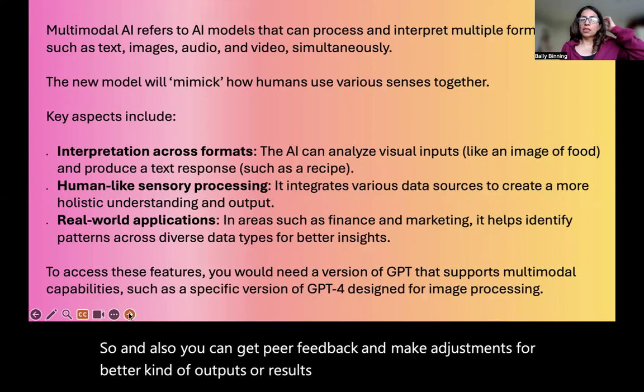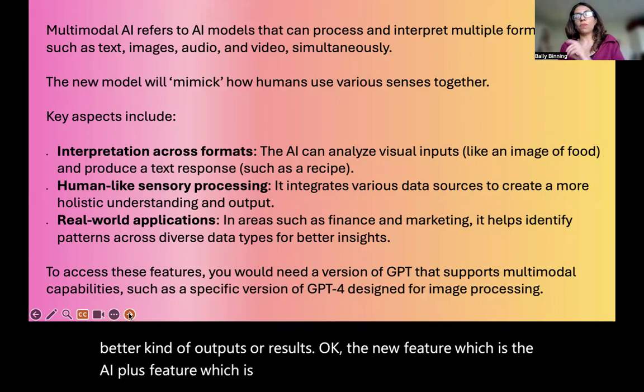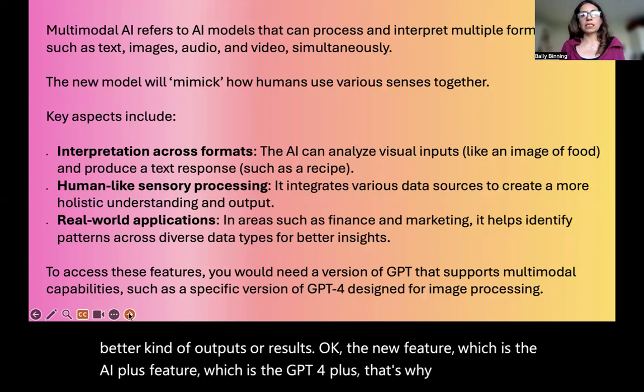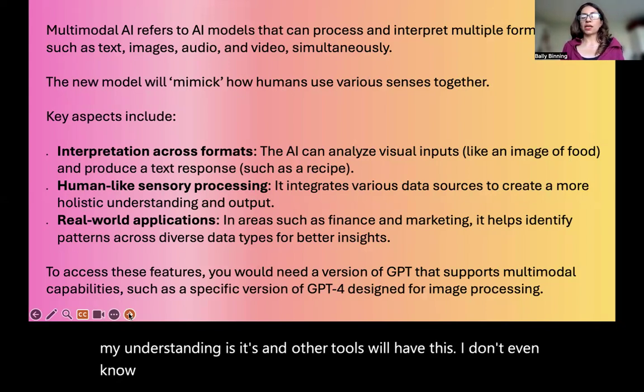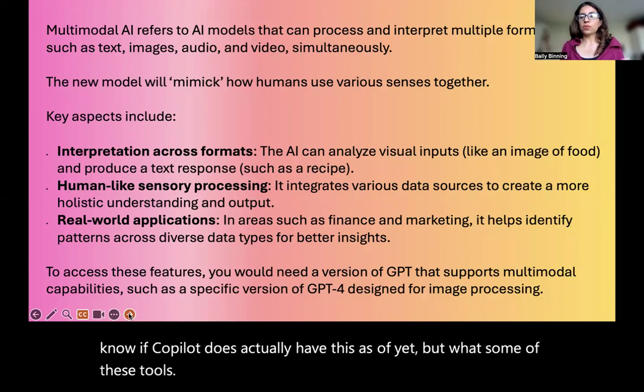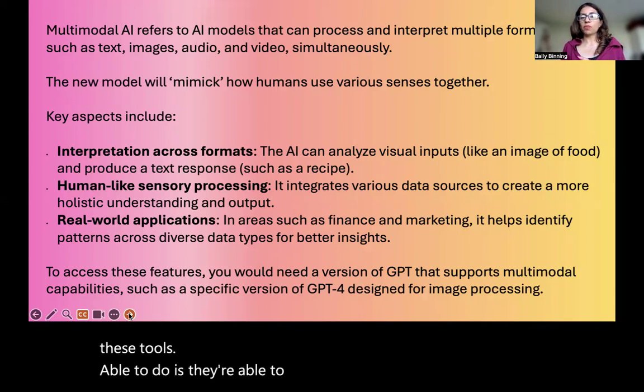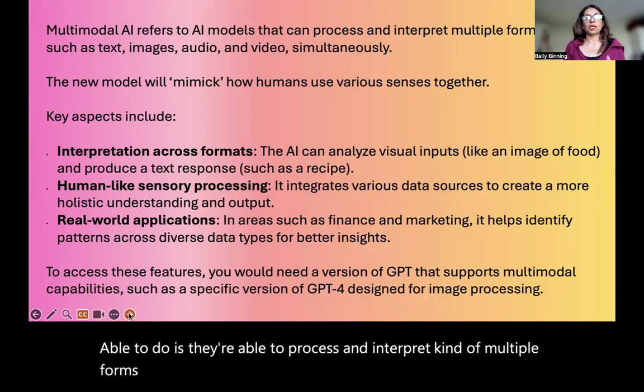Okay, the new feature, which is the GPT-4 Plus, that's what it's called, from my understanding, other tools will have this. I don't even know if Copilot has this as of yet, but what some of these tools are able to do is process and interpret multiple forms of data, like text, images, audio, video, and they can do it simultaneously.